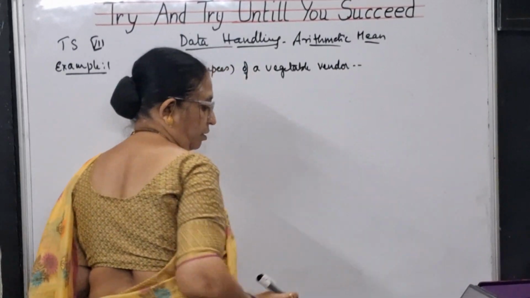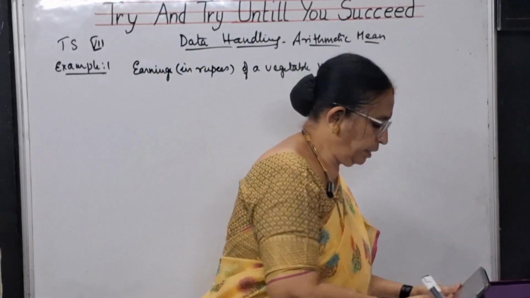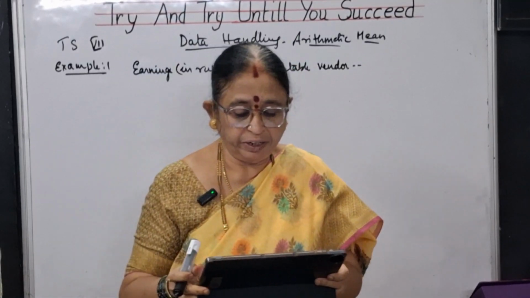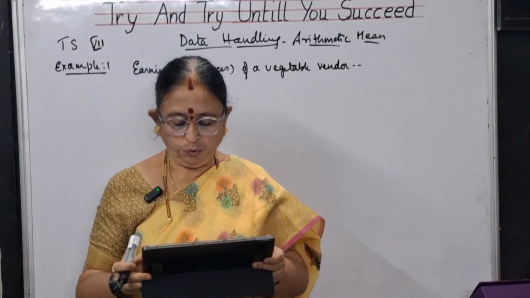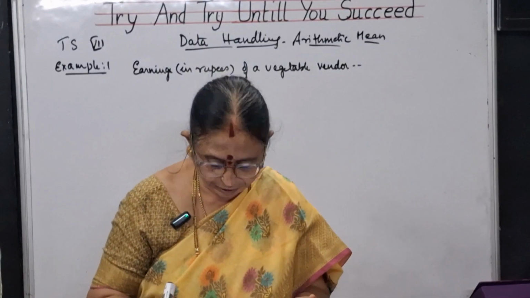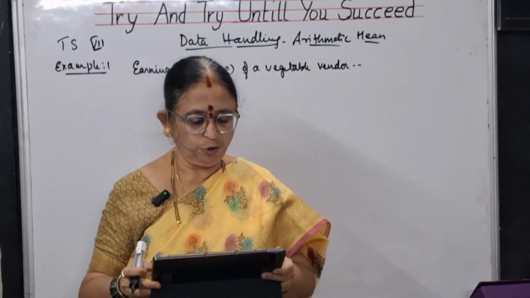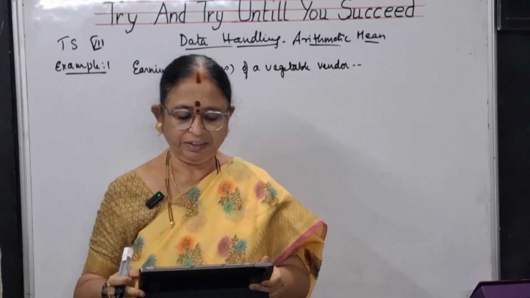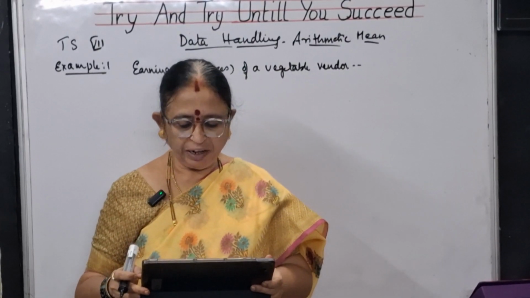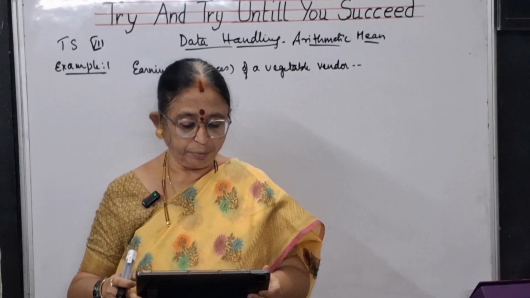So let me read. Earnings in rupees of a vegetable vendor in a week are 200 rupees, 150 rupees, 180 rupees, 300 rupees, 160 rupees, 170 rupees, and 170 rupees. Find his average earning per day.